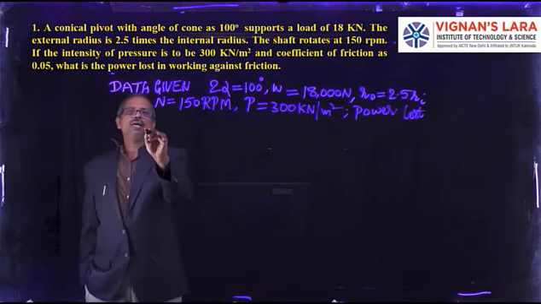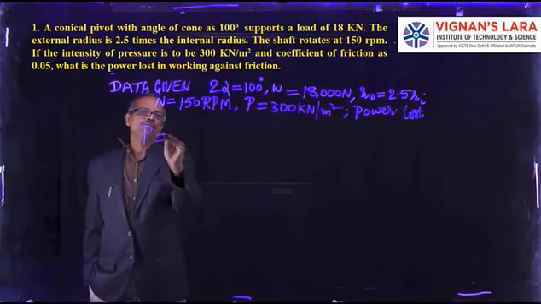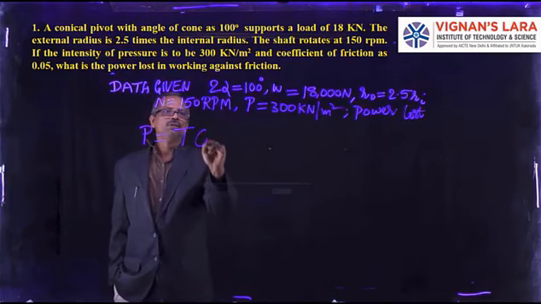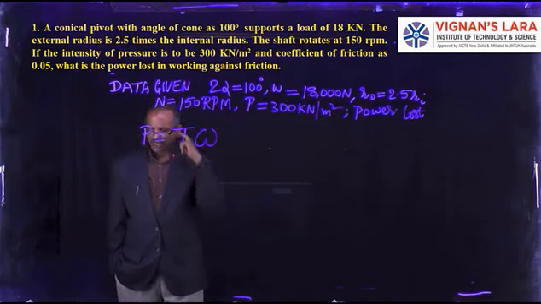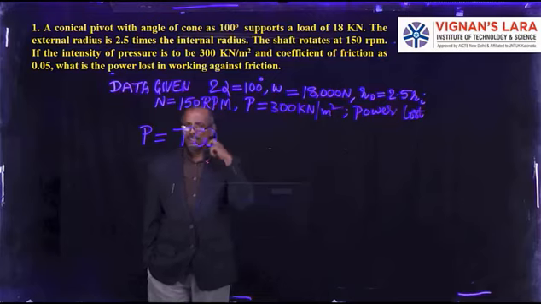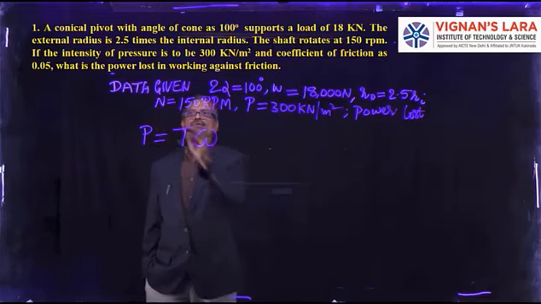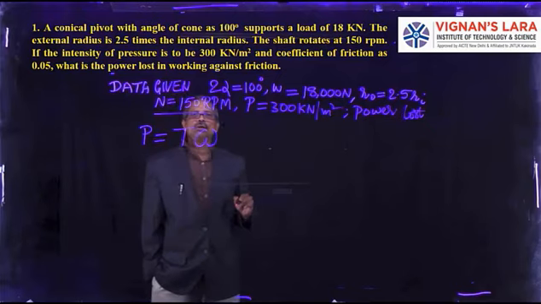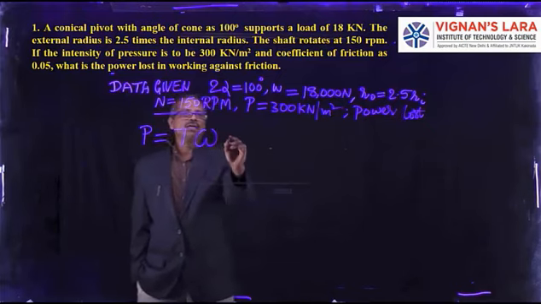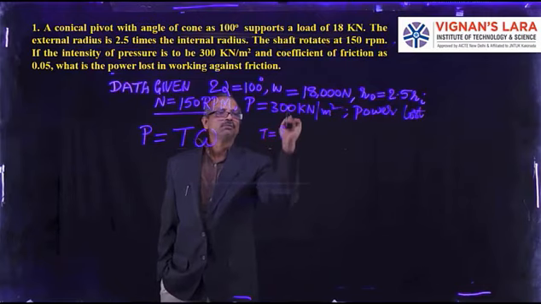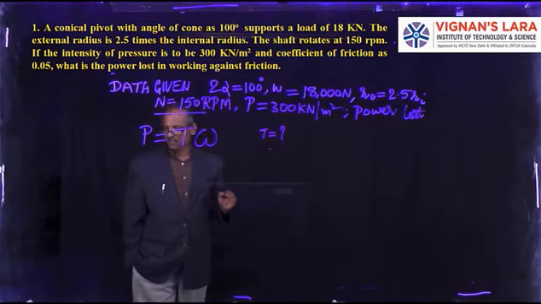You know the power lost or power transmitted, whatever it may be, power is equal to T times omega. What is omega? Omega is 2 pi N by 60. N is already available with us. So what we require here is torque.